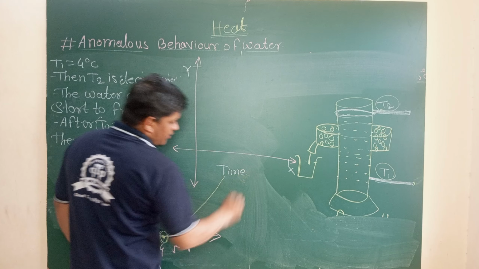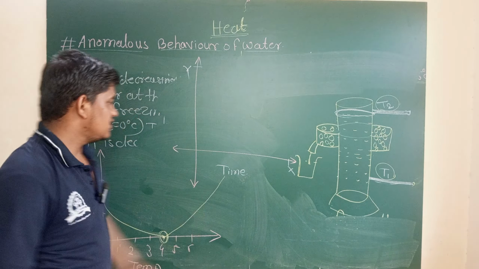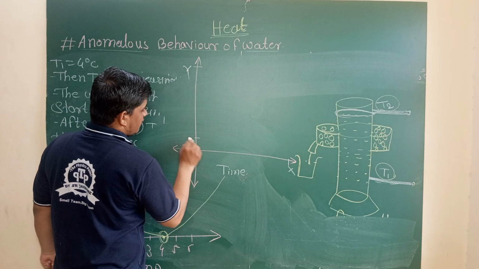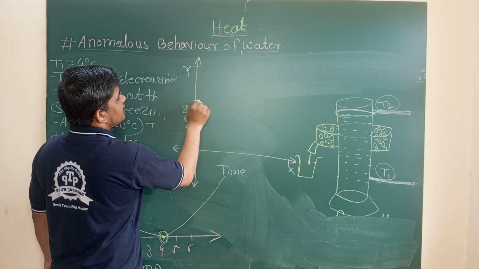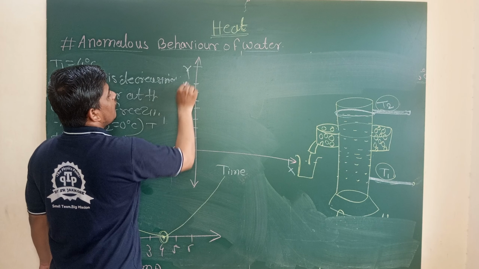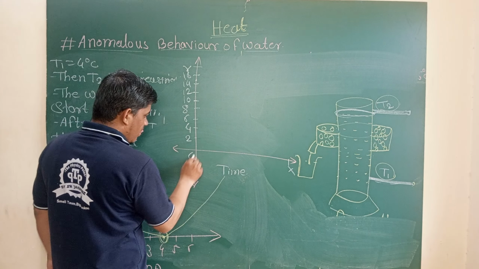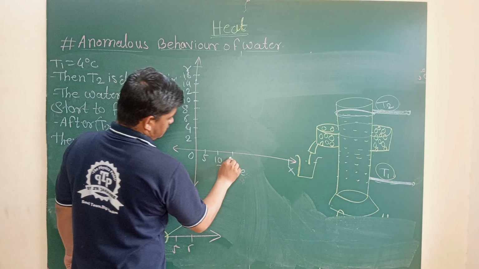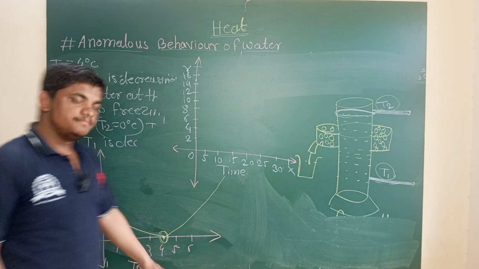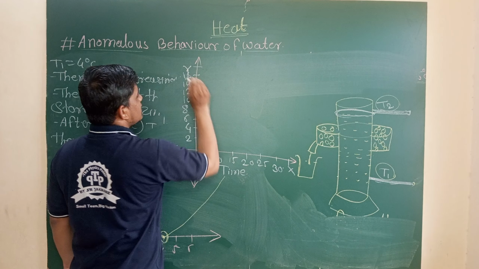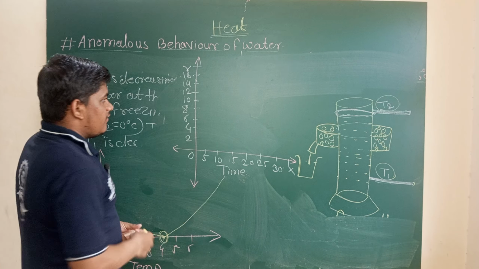When we take readings of T1 and T2 every 5 minutes, the time axis is 5, 10, 15, 20, 25 and 30 minutes. Initially T1 and T2 are both the same. I'll use yellow for T1 and pink for T2.